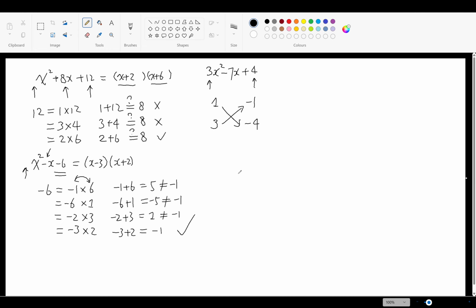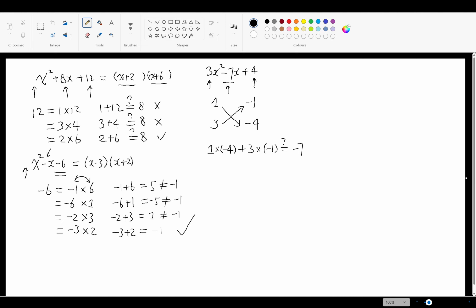So we do 1 multiplied by -4, and then this is added to 3 multiplied by -1. And we want to check whether this result is equal to the coefficient of x. So here we want to check whether this is -7. And obviously it is equal to -7.